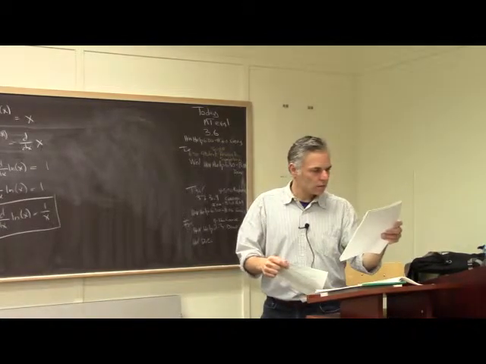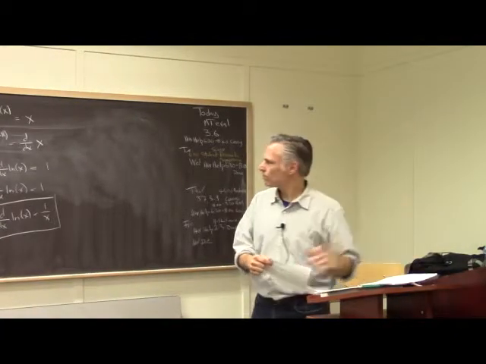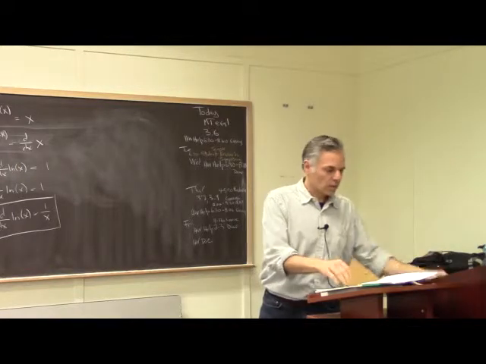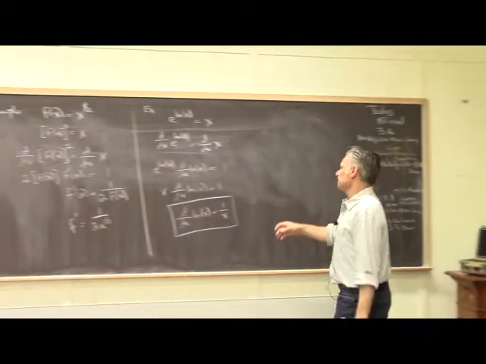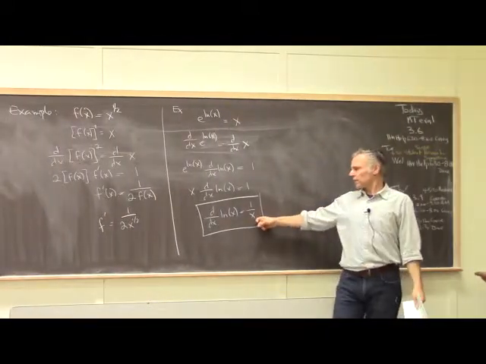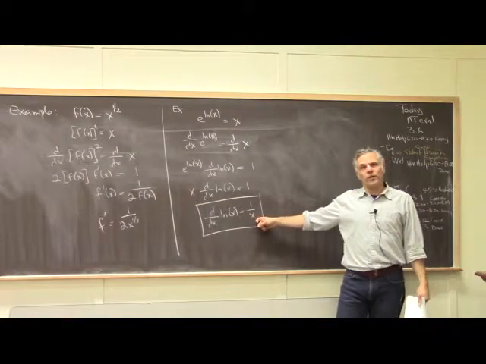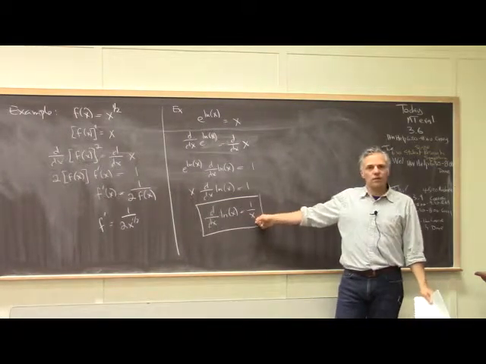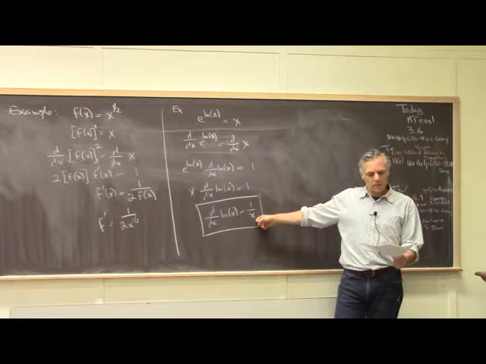Now we have a new rule, and we can take all sorts of derivatives of logs, and we can use the product rule and the chain rule with logs. And now here's your chance to do that.